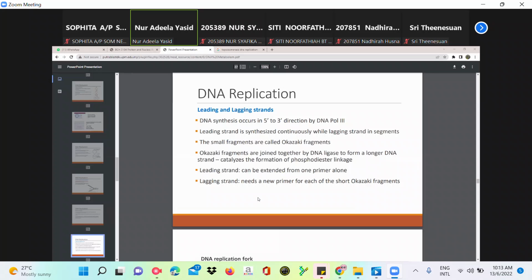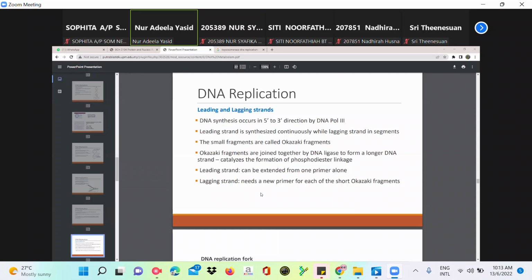The leading strand can be extended from one primer alone. That is unique to the leading strand, but the lagging strand needs a new primer for each of the short Okazaki fragments. Every Okazaki fragment requires a different primer.